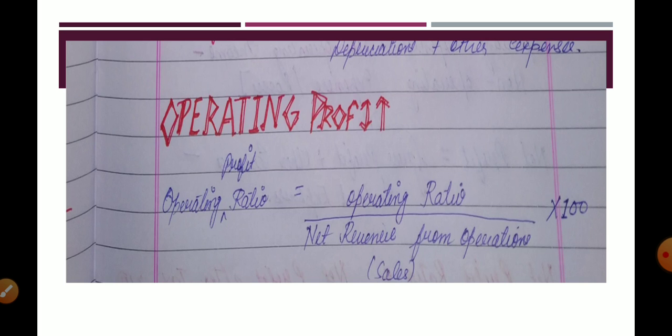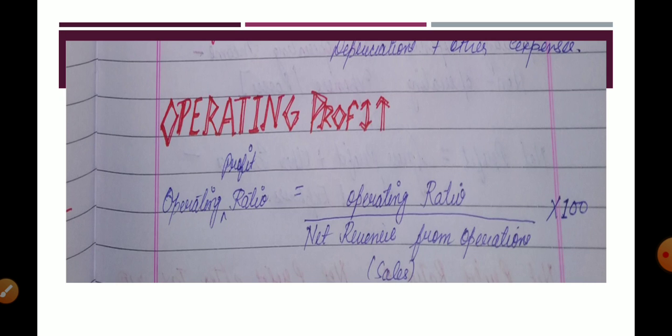You keep on checking whether in the question, what formula is being asked, what ratio is being asked. This ratio shows the relationship between operating profit and net revenue from operation. So it is calculated as operating profit upon net revenue from operation.